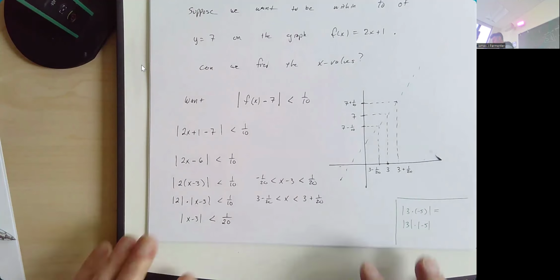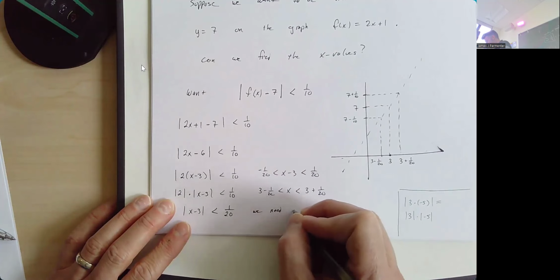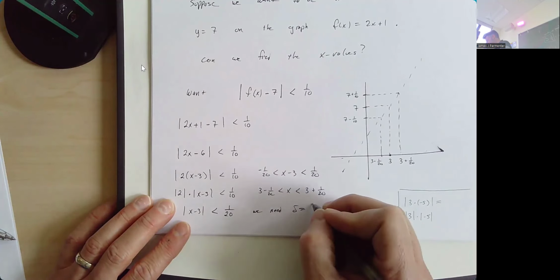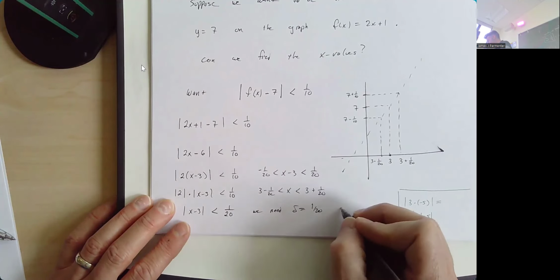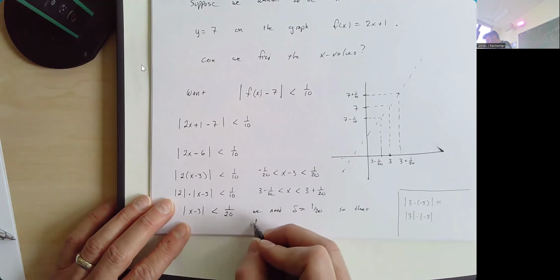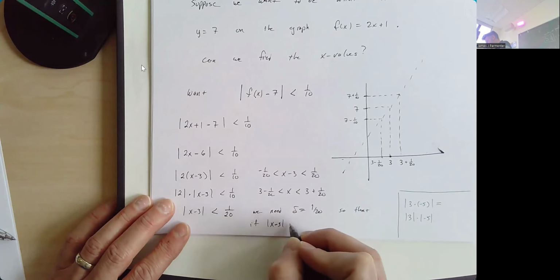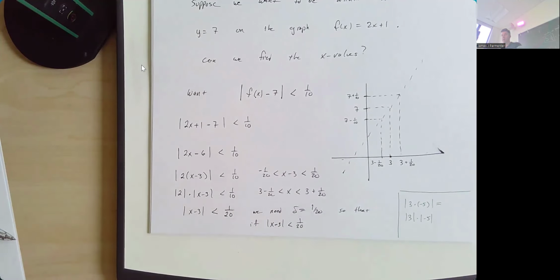So what we would say here is that we need delta to equal 1/20th. So that if the absolute value of x minus 3 is less than our delta value of 1/20th, or in other words, if x is really close to 3, how close to 3?